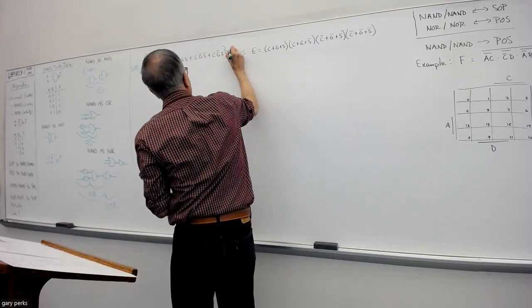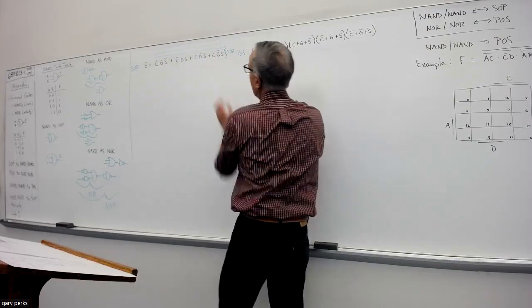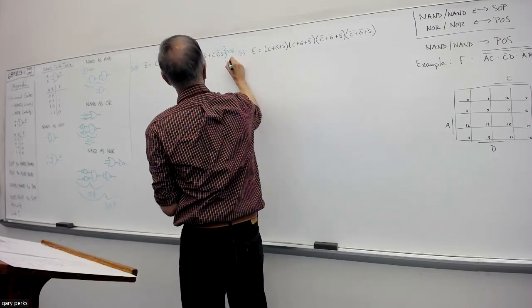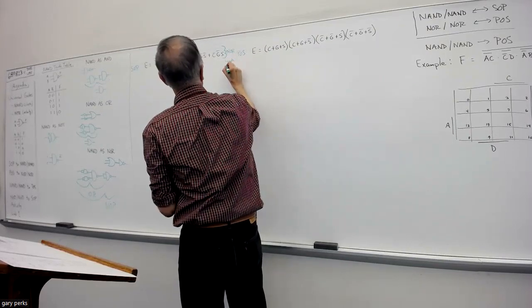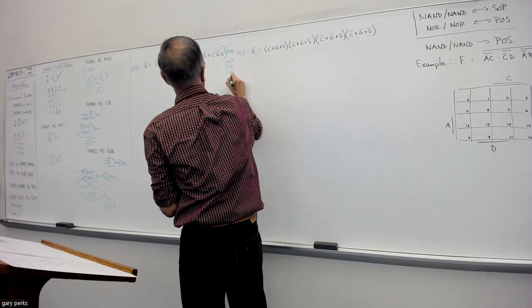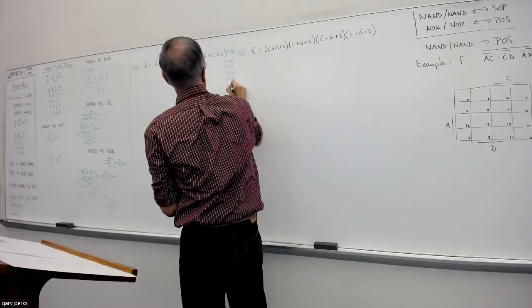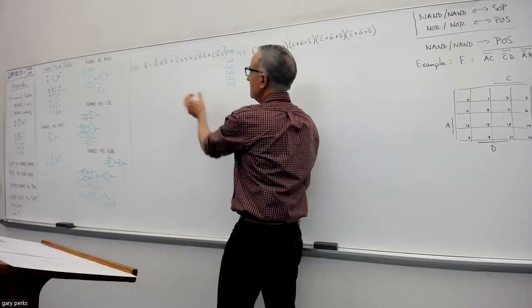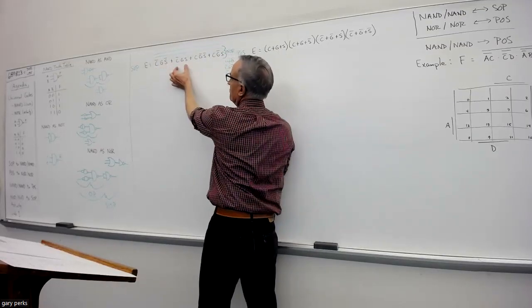This is a representation of a NOR gate that has inputs not C, G, not S, not C, G, S, C, not G, not S, C, not G, S. See, it's a NOR gate that's got these four inputs.